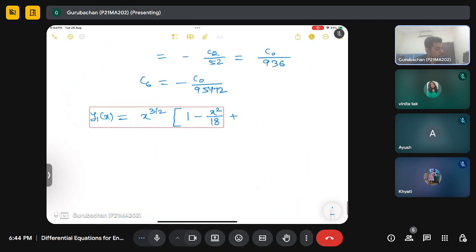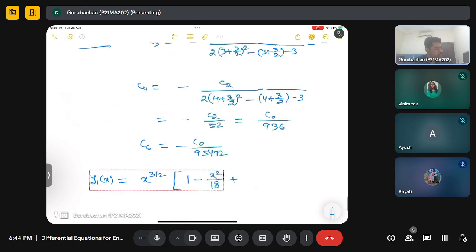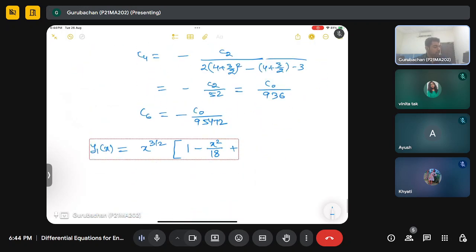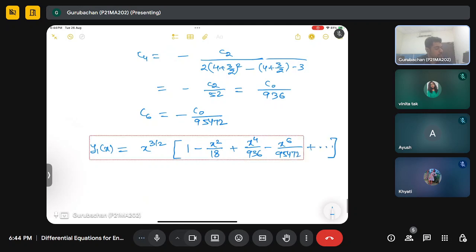So plus next one is x to the power 4 by 936 minus x to the power 6 by 95472 plus so on. Okay, this is your first series solution.